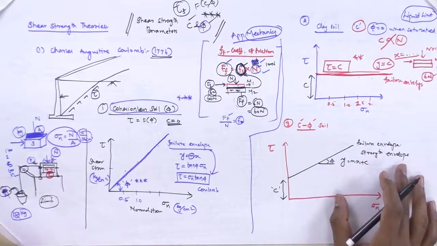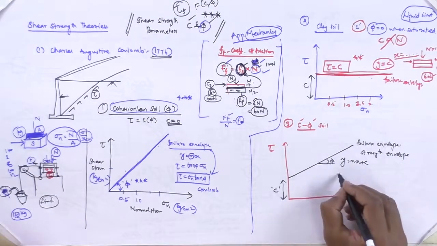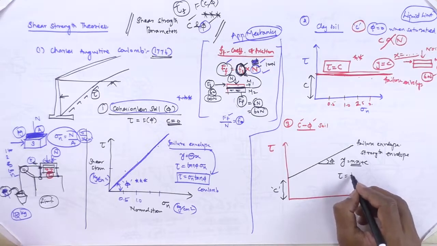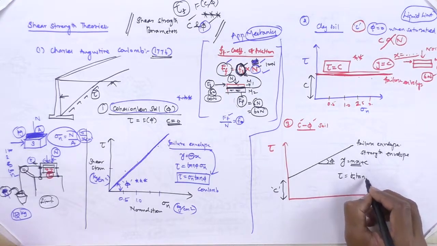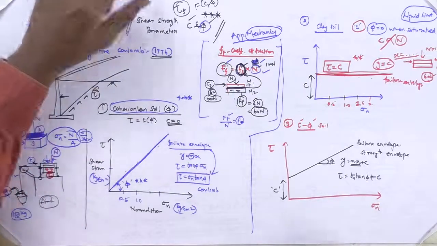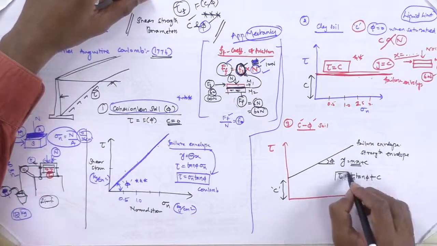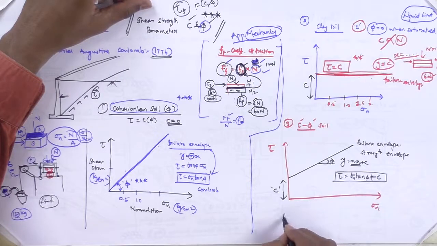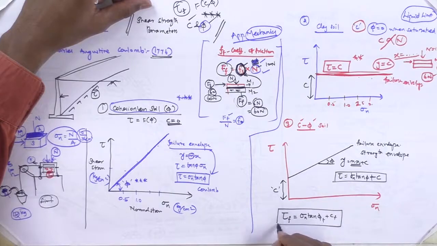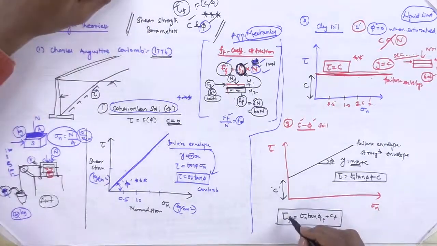So y equals mx plus c. Here y is tau, mx is sigma n tan phi, plus c cohesion. So this is the failure envelope. That is why it can also be written as tau f equals sigma n tan phi plus c. This is the basic equation of shear strength, tau f.